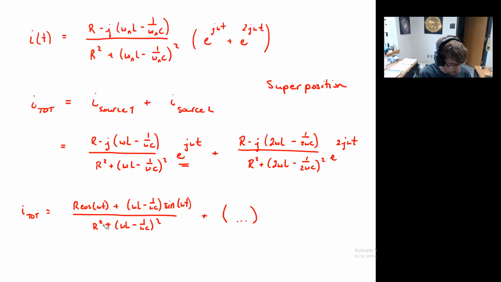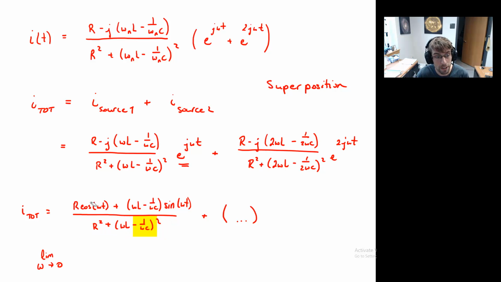You can imagine, for example, what happens to this first term in the limit that omega goes to 0? Yeah, you see it? Well, if we look at the denominator, we notice that the denominator goes to infinity. Okay.